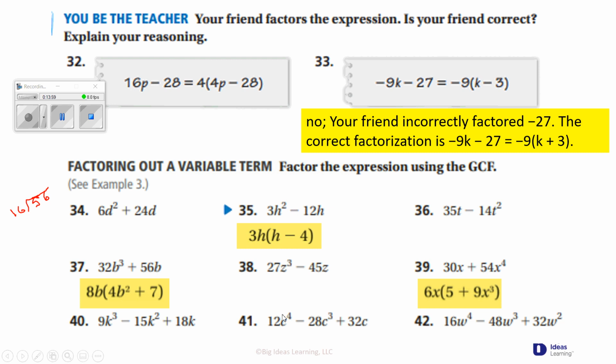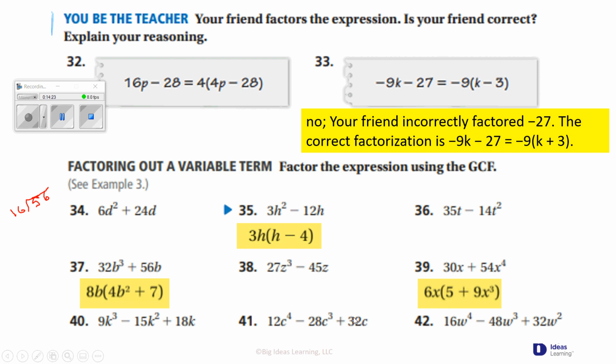All right, let me see if I can get better luck with number 41. Again, I'm looking at different powers here. I can't combine these. I'm thinking that, let's see, I know that 4 will go into 12. I'm thinking 4 will go into 28, because 7 times 4 is 28.